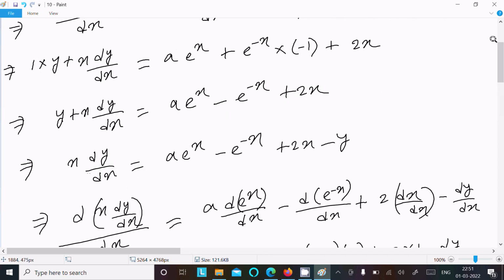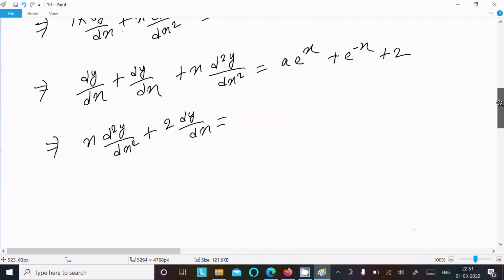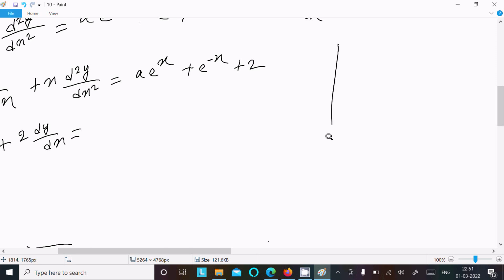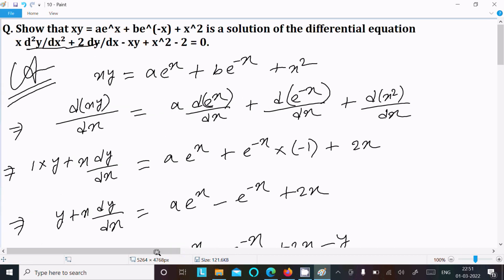The next is here we can write this term: xy = a e^x + b e^(-x) + x².